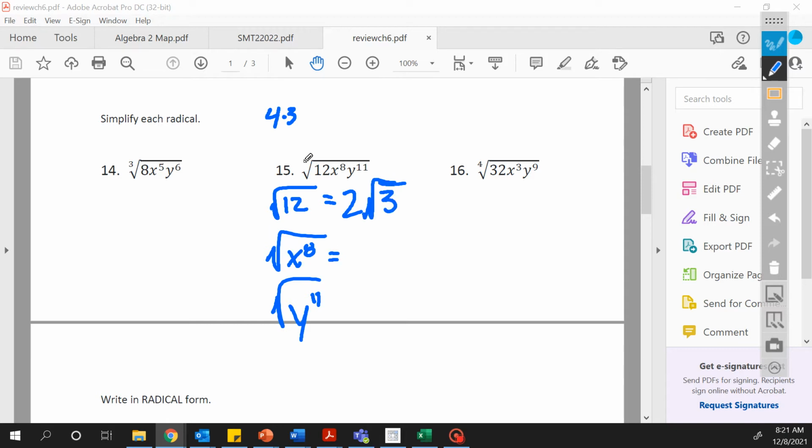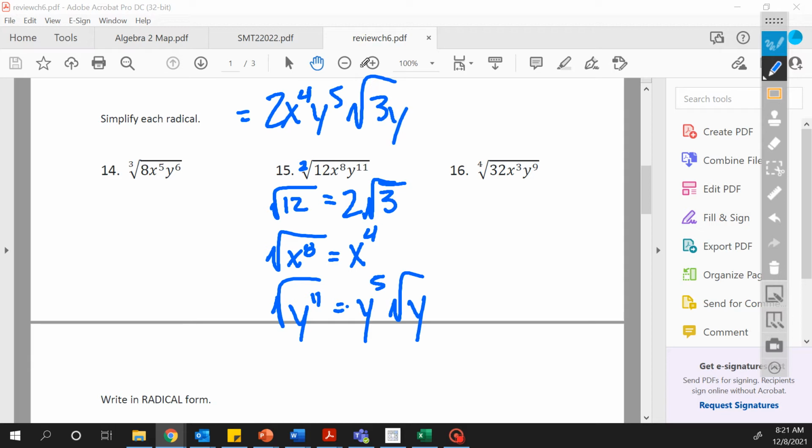The index is 2, by the way. So x to the 8th, 8 divided by 2, becomes x to the 4th. And y to the 11th, 2 goes into 11 5 times, but you have a remainder of 1, so you still have a y underneath. So what do we have on the outside? 2, x to the 4th, y to the 5th, and then underneath I have a 3y.